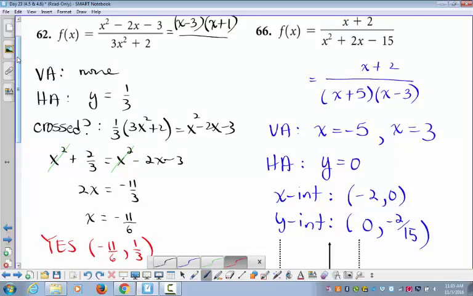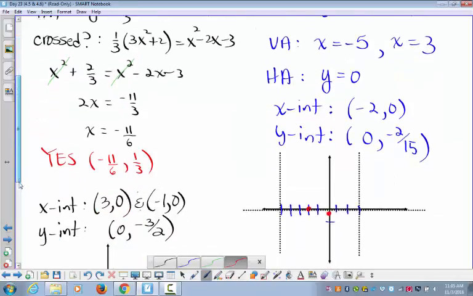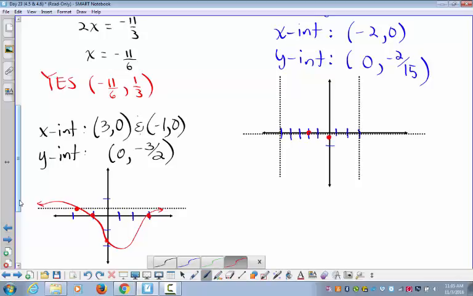Just 1, right? There's no parentheses with the power. It's just the multiplicity is 1. So that's odd. So is that a cross or a touch? Cross. All right, so we have to approach this asymptote. We have to cross right there. And then we also have to approach this asymptote. So we have to approach both those. That's the only way we can do it with a 0 that has multiplicity 1.